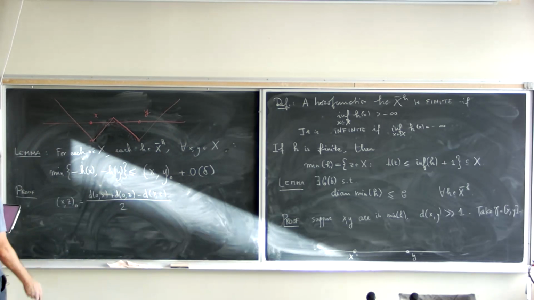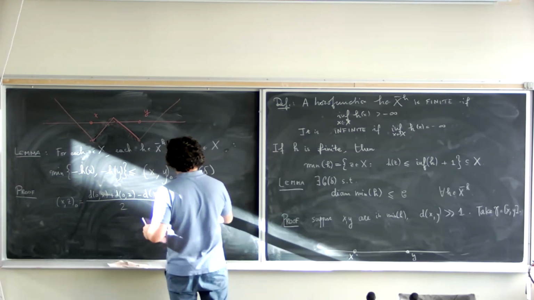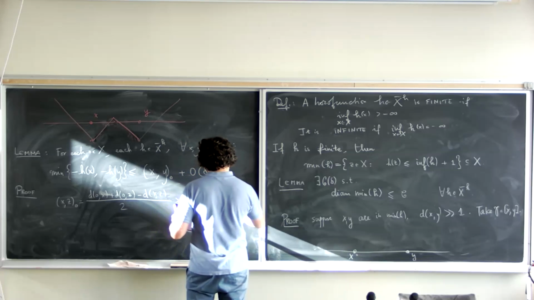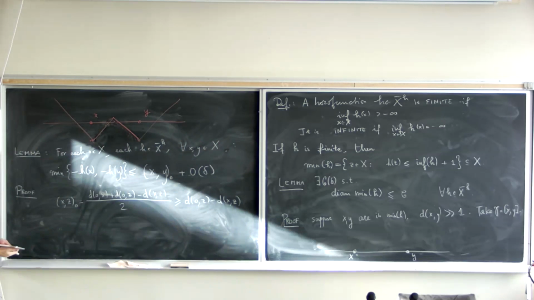And in fact, just this and the triangle inequality would imply that this is less than the distance between O and Z minus the distance between X and Z. Let's see, why is this the case? Now, this is just the triangle inequality, and you simplify a few terms, right?